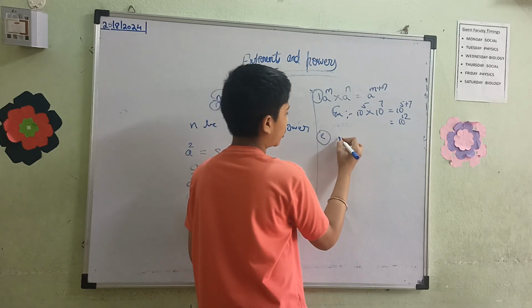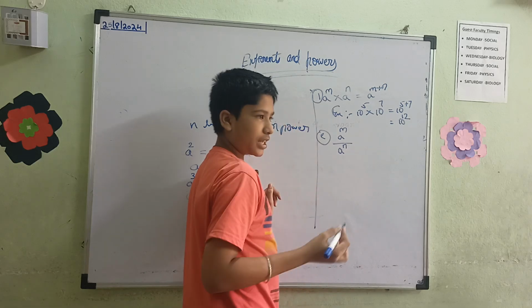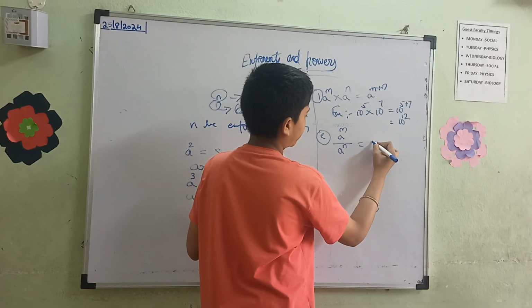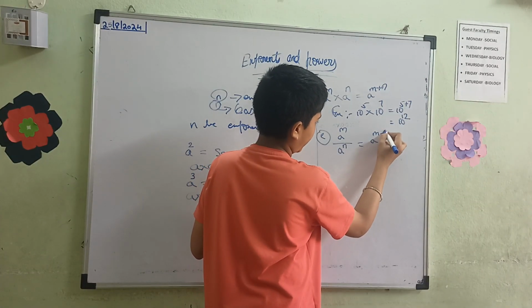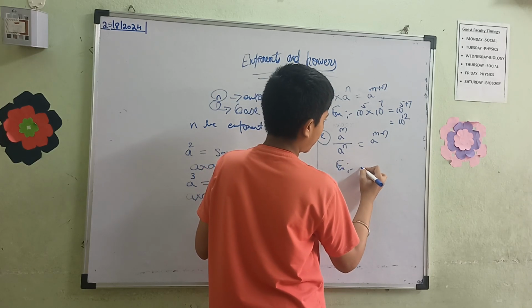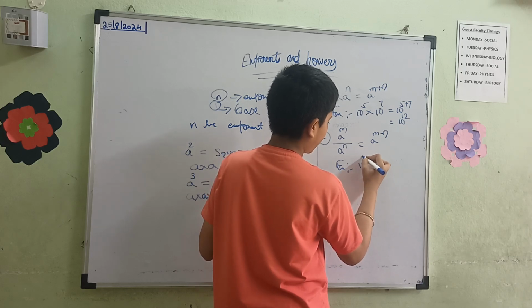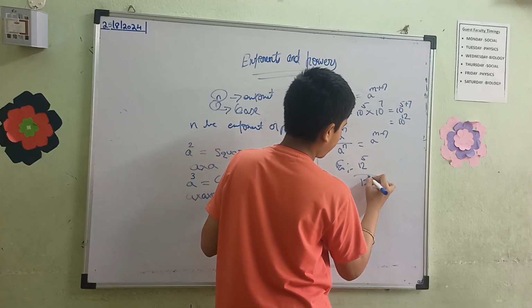Second law, a to the power m by a to the power n is nothing but a to the power m minus n. Example, 12 to the power 5 by 12 to the power 3.